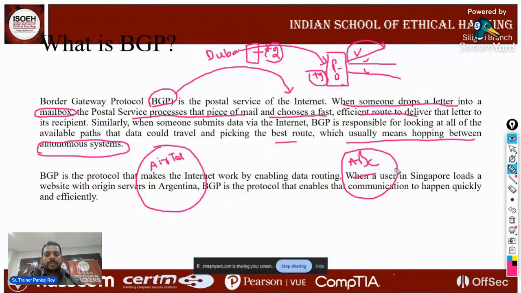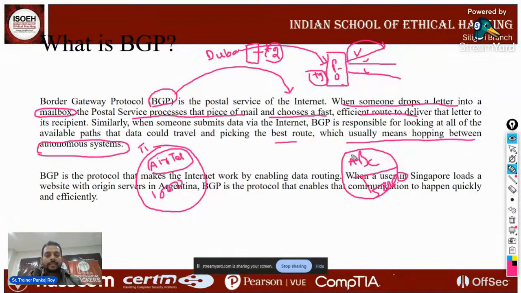This ABC ISP has more than 5,000 customers. And Airtel is a big organization with around 10 lakh network connections. That is a tier 1 ISP, and the others are local ISP companies.